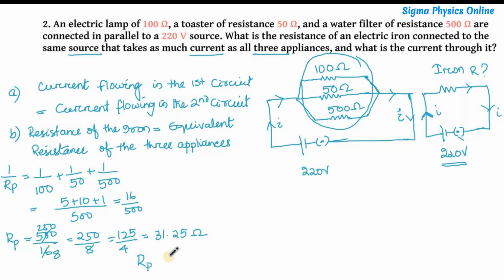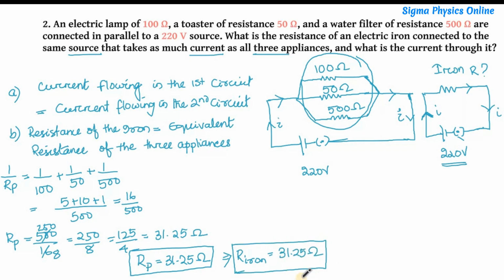So the equivalent resistance in parallel is 31.25 ohm. Since the equivalent resistance of these three devices is equal to the resistance of the iron, the resistance of iron is also 31.25 ohm. So this is the resistance of the iron.